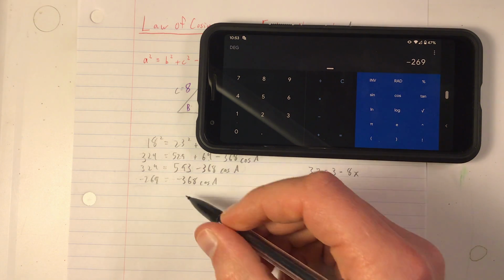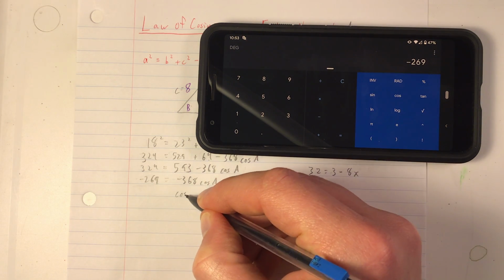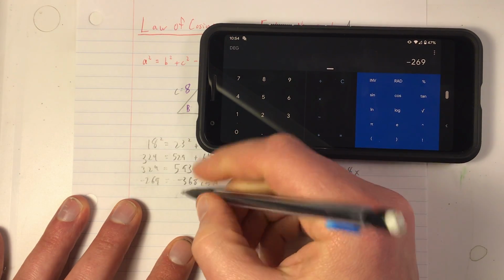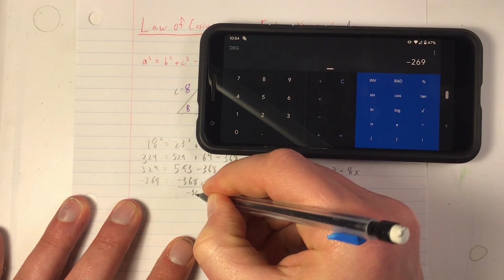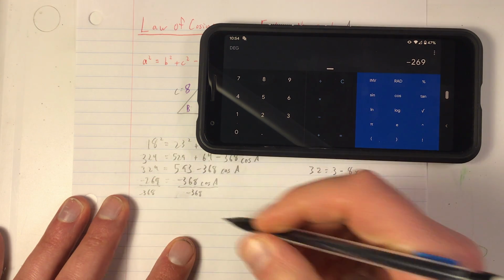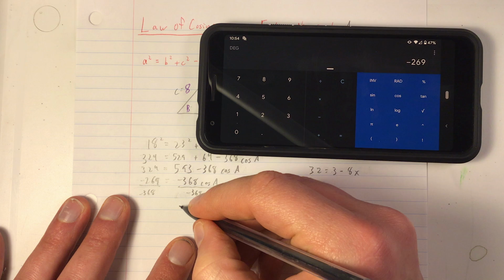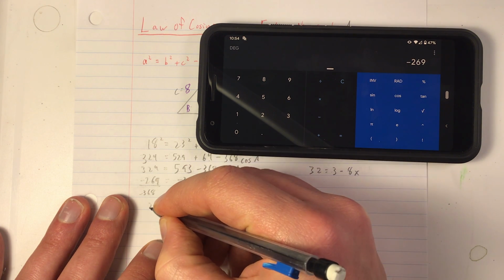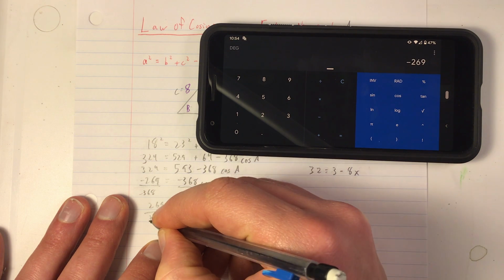Now, that means the cosine of, so now what we're going to do is we're going to divide both sides by negative 368. The two negatives are going to cancel out and make that positive, so I'm going to get the cosine of A is equal to 269 over 368.